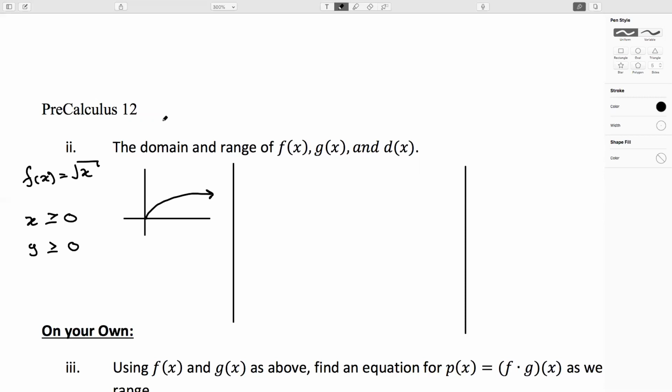Moving on, g of x was equal to x minus 3. Again, we can go ahead and graph this. That might give us a bit of a picture as to what the function looks like. x minus 3 has a y-intercept of negative 3 and a slope of 1. So it's literally just a line that looks like this.